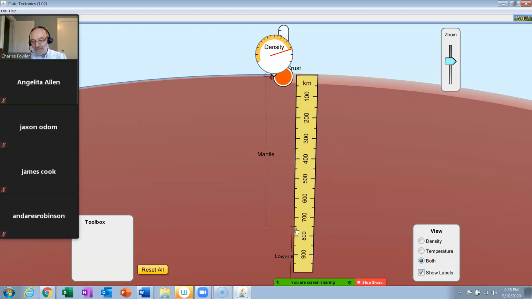I'm going to pull out my handy dandy calculator again and see what that gives me. What did I say, 750? That's about 450 miles thick from the surface to the asthenosphere.